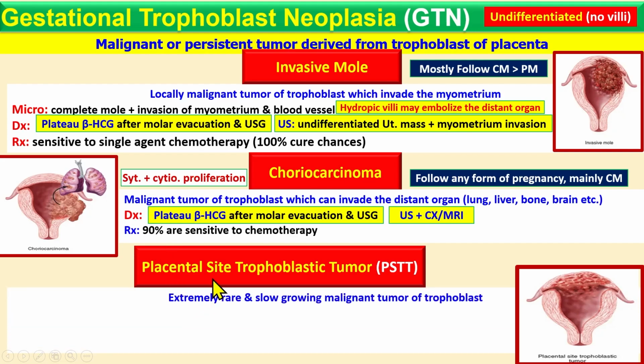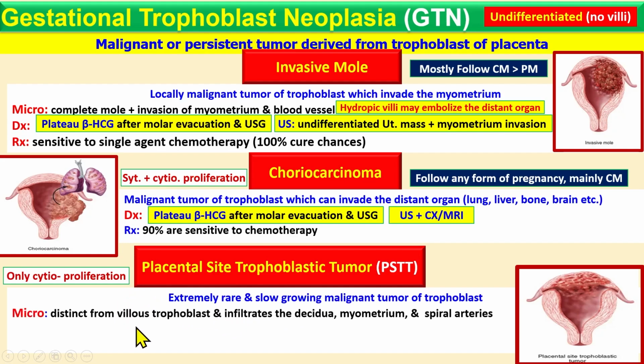The placental site tumor is an extremely rare, slow growing malignant tumor of trophoblast, where you see only cytotrophoblast proliferation. Because beta HCG is associated with syncytiotrophoblast, if it is limited to cytotrophoblast, you do not see a high level of beta HCG. That is a very differentiating point from choriocarcinoma.